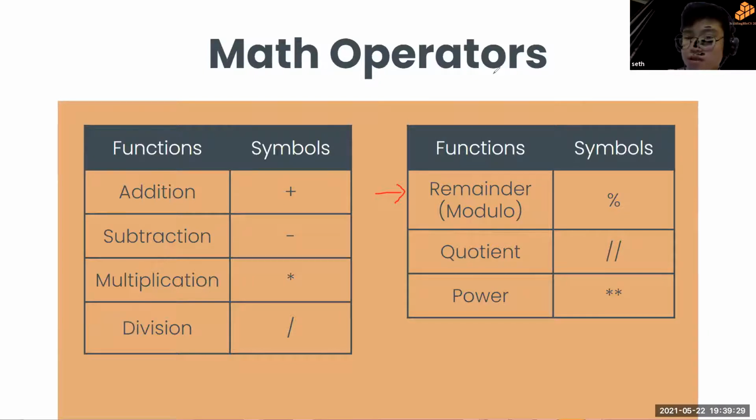If you do modulo, the percent symbol, the answer will be 1. And if you do quotient, which is 2 forward slashes together, no space, the answer for 5 quotient 2 will be 2. Power is 2 asterisks, and I think Celine will show the operators now in Visual Studio Code.